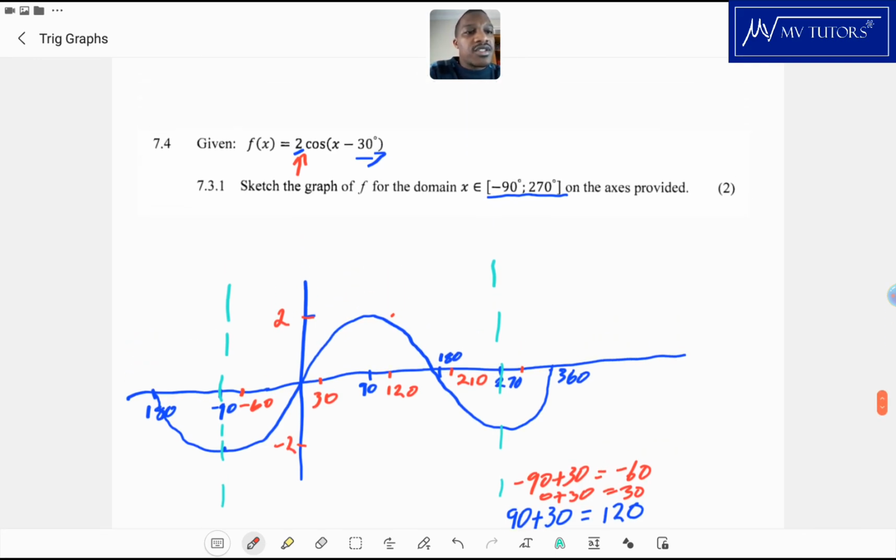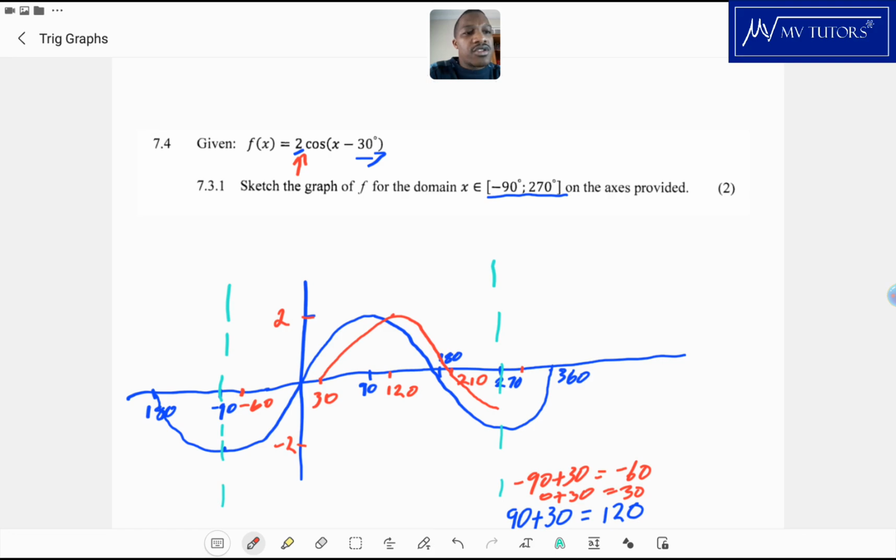And then the rest is just the shift. So 90 became 120, 180 became 210, and then it came down here, and then it started at 30. So let's draw it from the original 30. So it's like this.